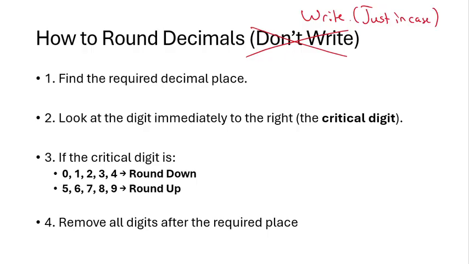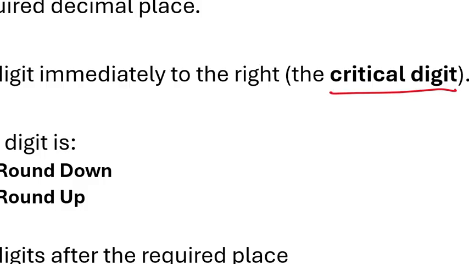But these are the steps that you'll need to take. Number 1, find the required decimal place. Step 2, look at the digit immediately to the right. This is called the critical digit. Now, step 3 is if the critical digit is one of these, then it just tells you whether you're rounding up or rounding down. Whoops, how do I get out of that?